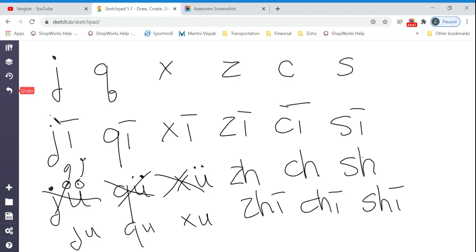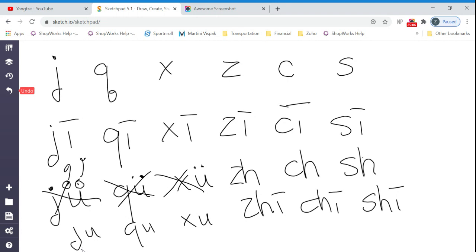When they meet the final e, the pronunciation of the initials keeps going rather than stressing the pronunciation of the final.